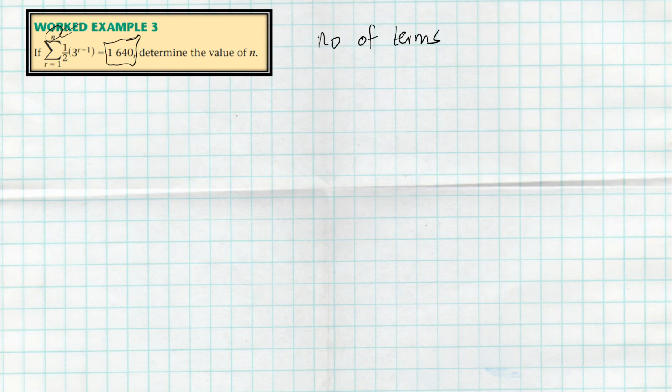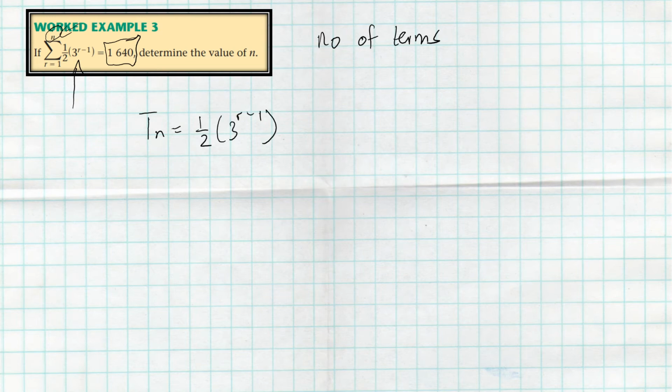1640. Okay, so before solving this, we must identify which series this is. Is this geometric or arithmetic or something else? I told you that we look at the general formula in the middle, at the center there. Our Tn is 1 over 2 into 3 exponent r minus 1.